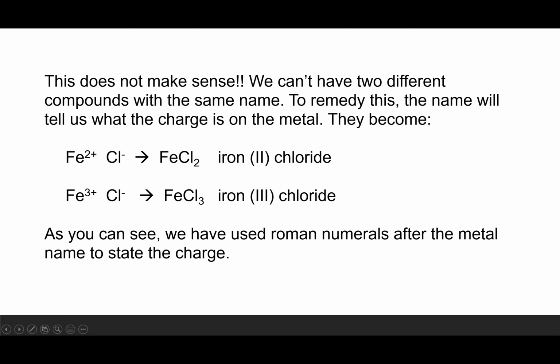We need to change the rules so that we can identify the charge on the iron within that compound. So you can see here what I've done is I've updated the name, and it's iron(II) chloride and iron(III) chloride. So what this is showing you is that when you see Roman numerals after the name of the metal, that is signifying what the charge is on the metal ion.